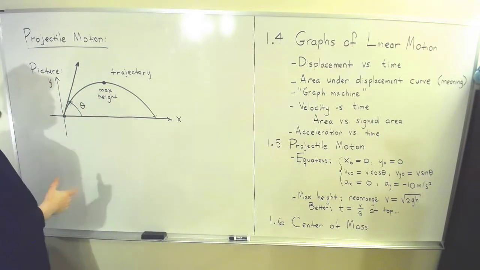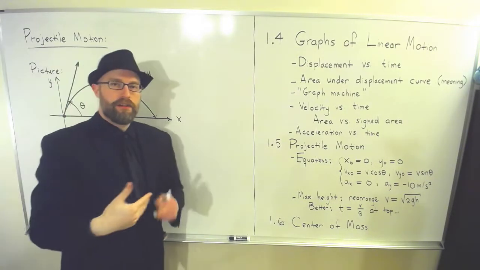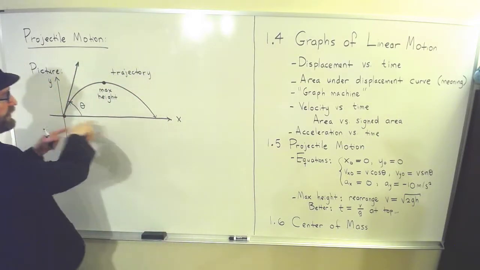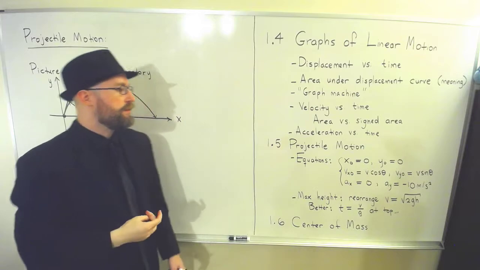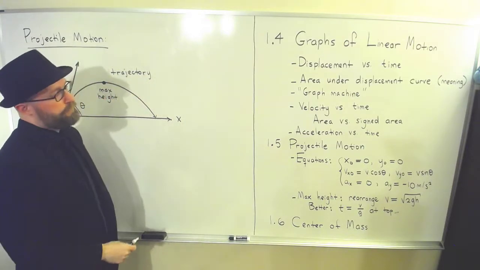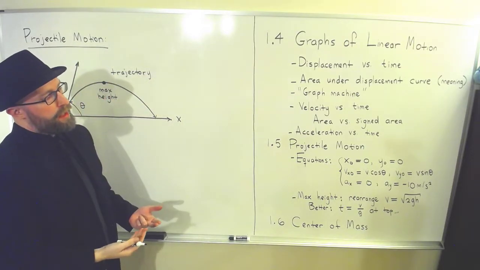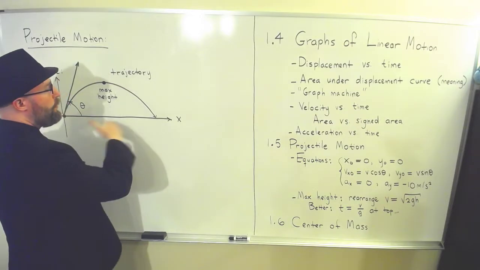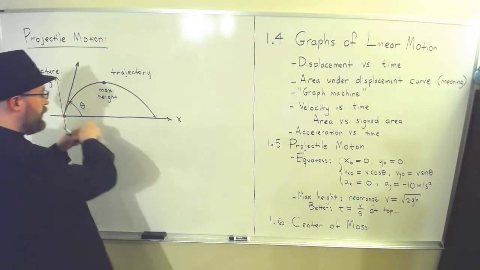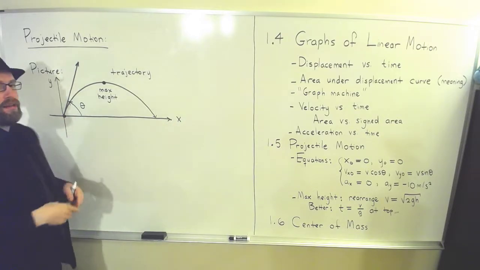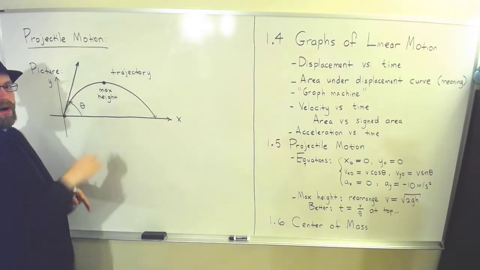Now, there are variables associated with this, and because there are two different spatial directions, the x direction and the y direction, there are essentially twice as many variables going on. And the way you always analyze projectile motion is you think about the motion in the x direction as independent of the motion in the y direction.